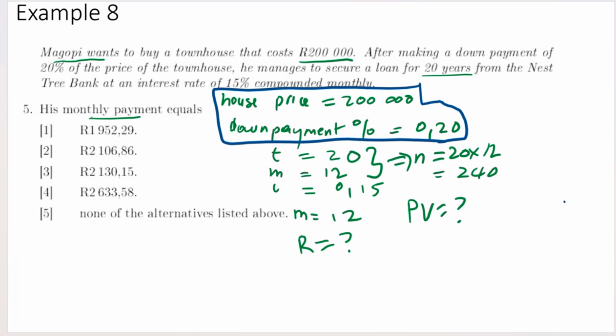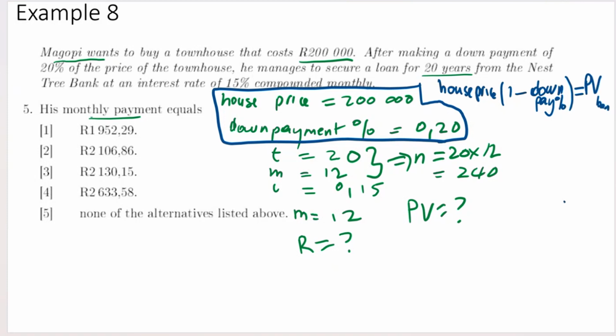Remember our formula when you've got a house price and a down payment: the house price times 1 minus the down payment percentage is equal to the present value of our loan.